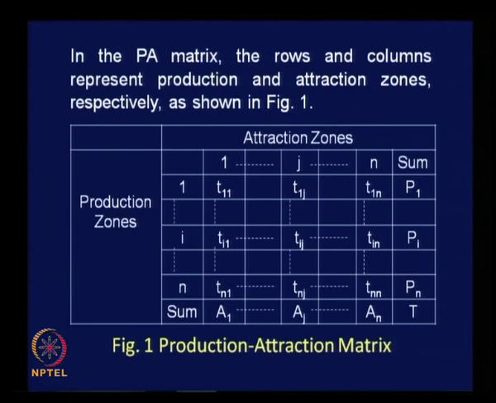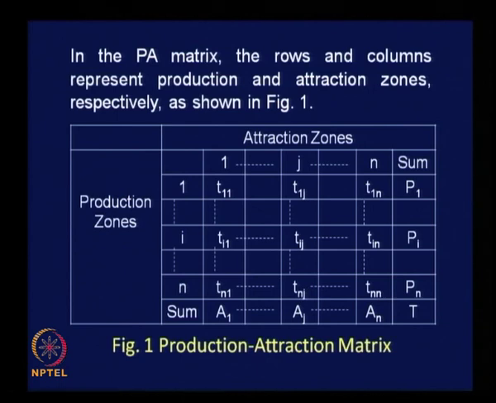Production zones along rows and attraction zones along columns. I have just indicated the number of zones as 1, 2, etc. up to n, both along the row as well as along the column. And the cell values in the matrix give particular information to us.